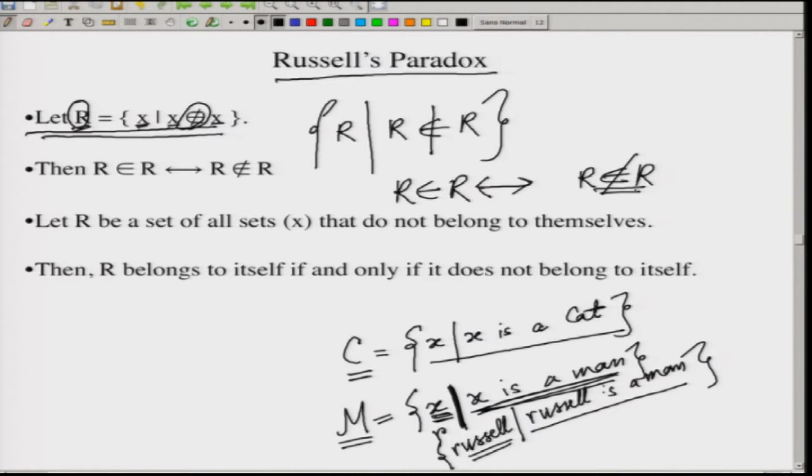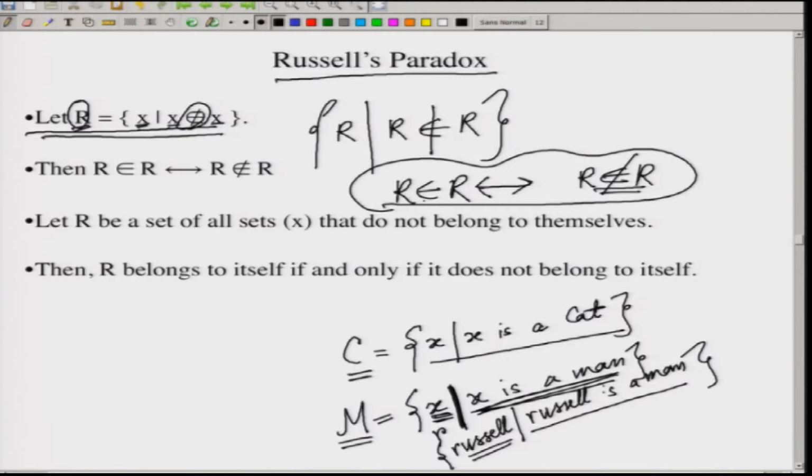This is the paradox: R belongs to itself if and only if it does not belong to itself. This was a mathematical version of the liar's paradox we just mentioned.